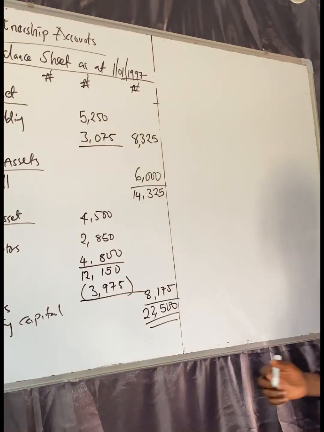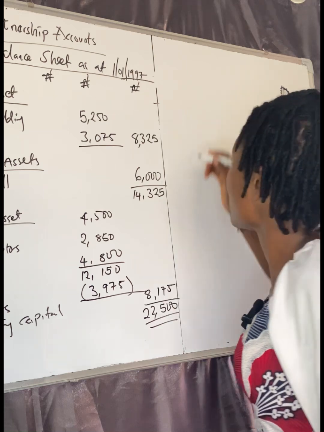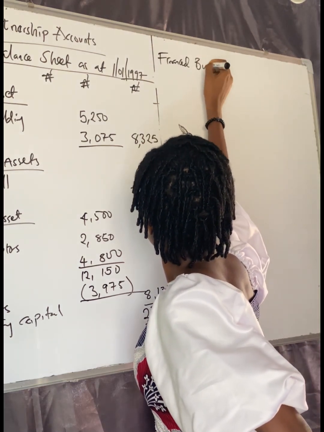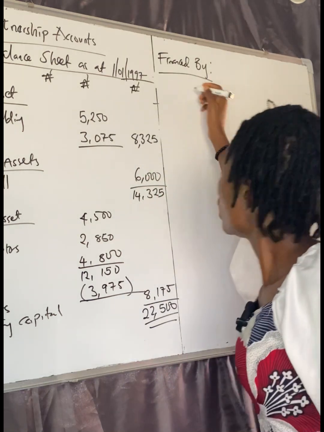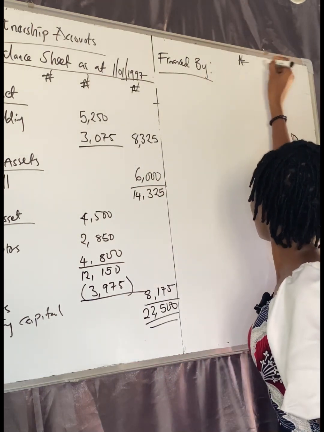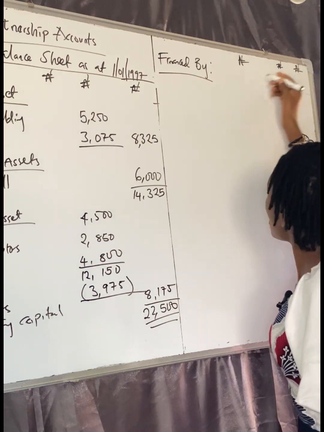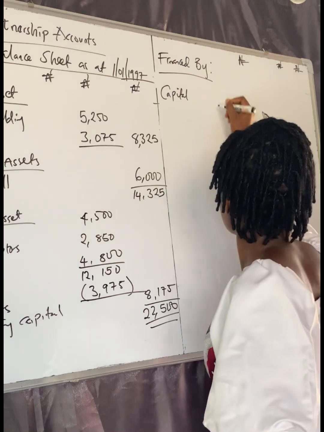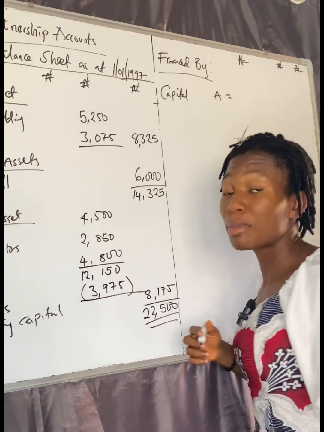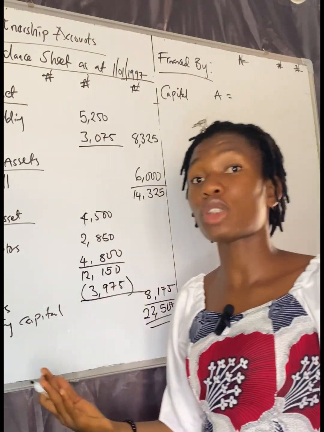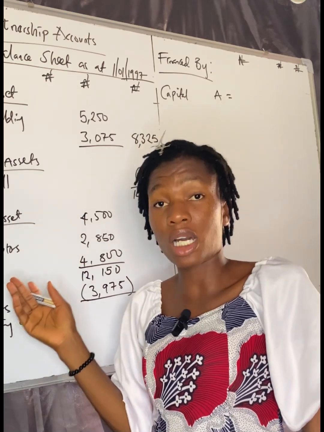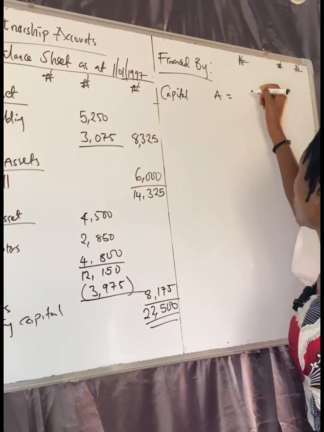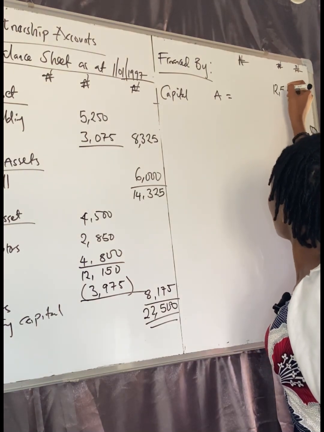Next, let us sum up our capital and see if we have a balanced account. So let us look at the financed by section, which is for the equity. We'll be bringing in our capital. For A, we have a balance after we have made adjustments for goodwill. Like I said, we are retaining goodwill in the book of accounts, so after adjusting for goodwill, we arrived at a value of 12,500 naira.